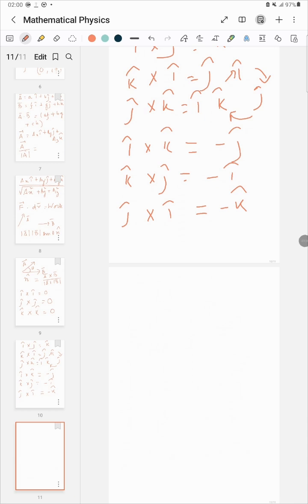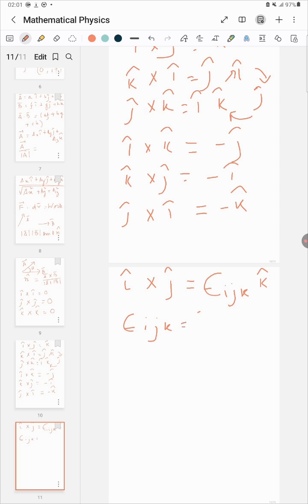Now there is again a condensed way of expressing i cap cross j cap. Just as we did in dot product with the delta function, now we'll do it with the Levi-Civita tensor. So i cap cross j cap can be written as epsilon ijk with a direction k cap. So what is this epsilon ijk? It is called the Levi-Civita tensor.